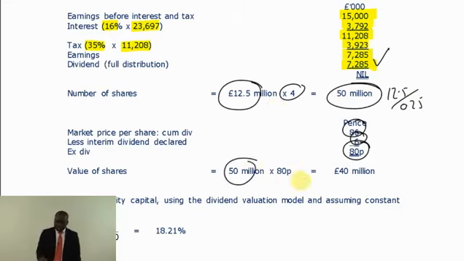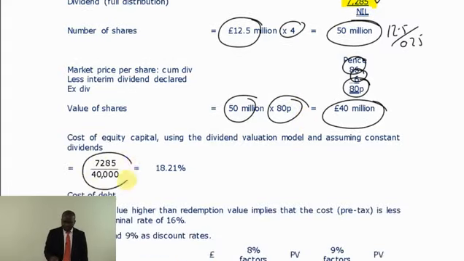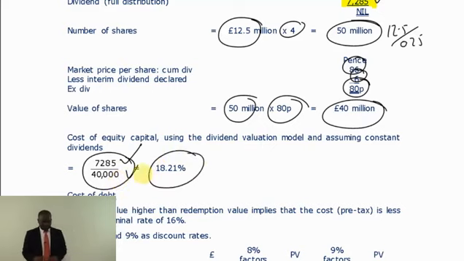So 50 million shares at the price of 80p should give you what? 40. And then your cost of equity will be the constant dividend divided by the market value of equity ex-div, and that should give you 18.21%. So the lessons you have to learn from here: when they tell you to use traditional theory, calculate the WACC in your normal way.